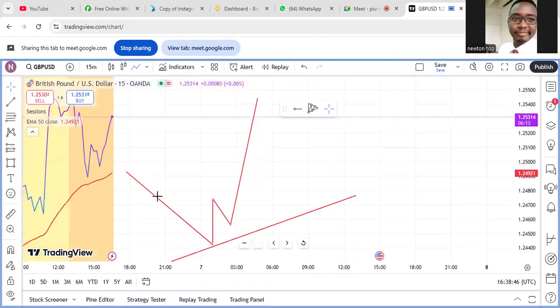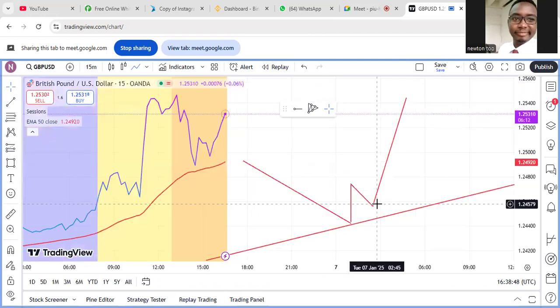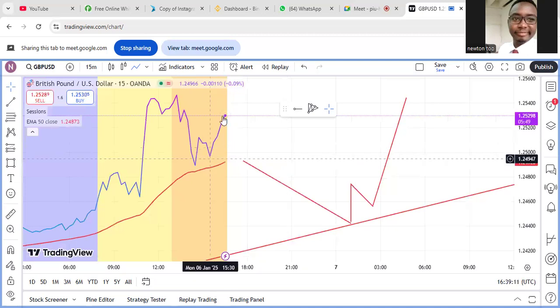I told you the other time that if you want to confirm a W pattern or an M pattern, and the pattern is not clear, you can just confirm with the moving average, with the line chart. It works very well.